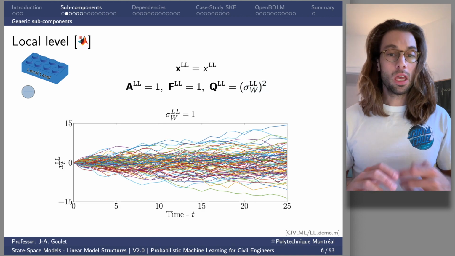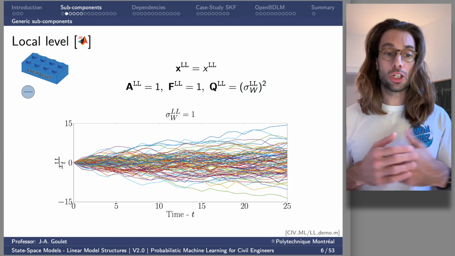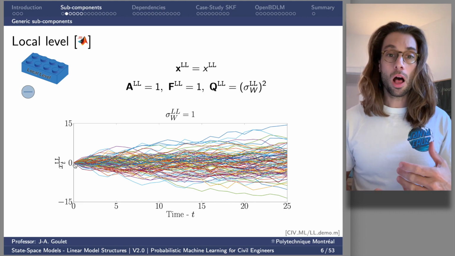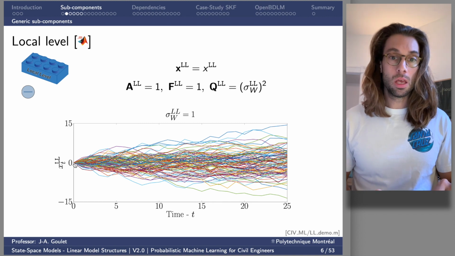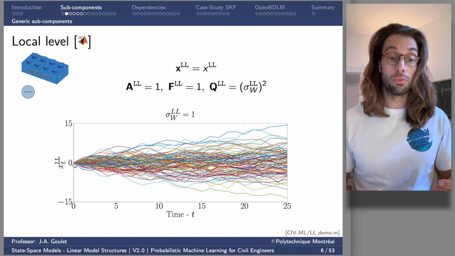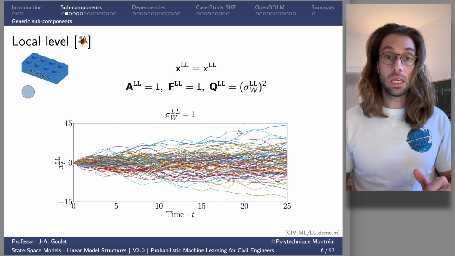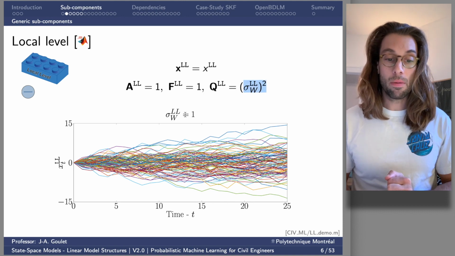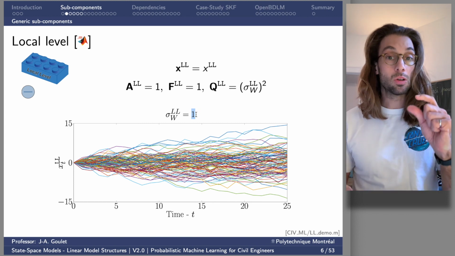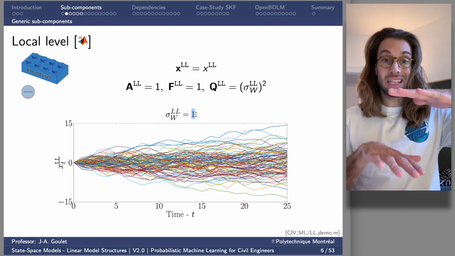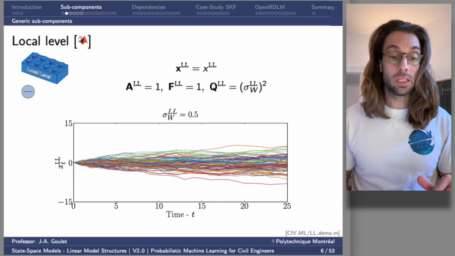If we want to look at what such a locally constant behavior would look like, it would be like this. If all my hidden states start at 0 and I generate many different realizations of such a local level process, each line you can see here is a different realization, for the case where the standard deviation is equal to 1. Depending on the value of that standard deviation, it affects the amplitude of the possible variability in my process.